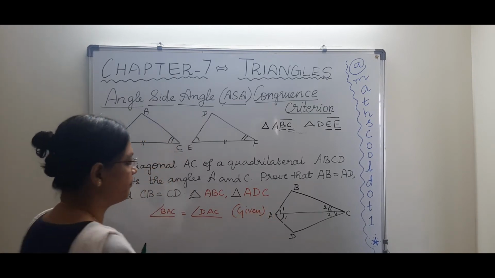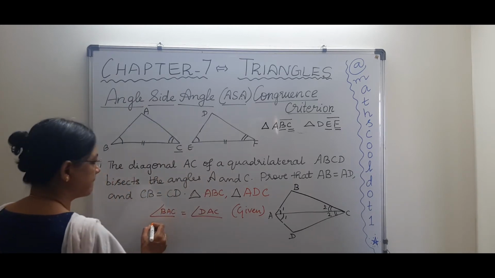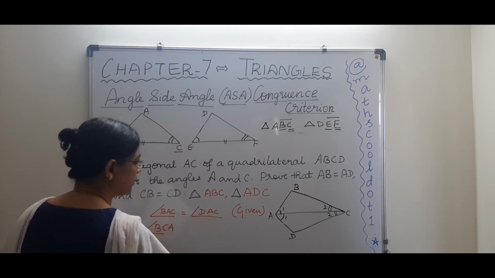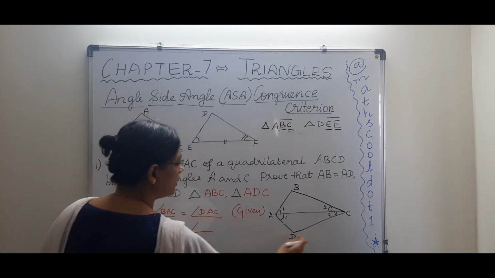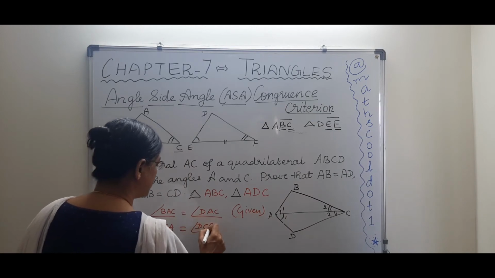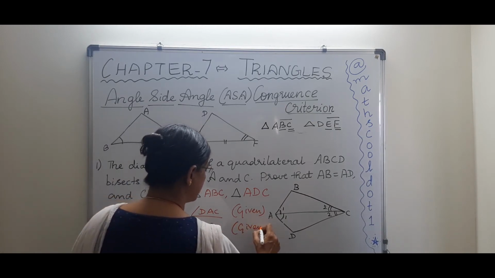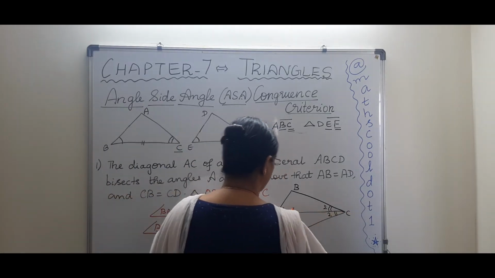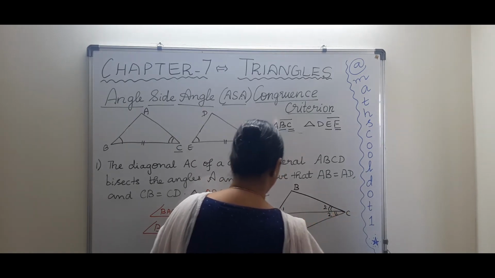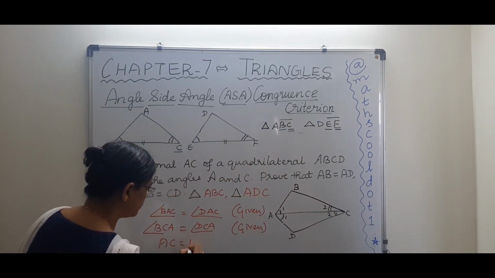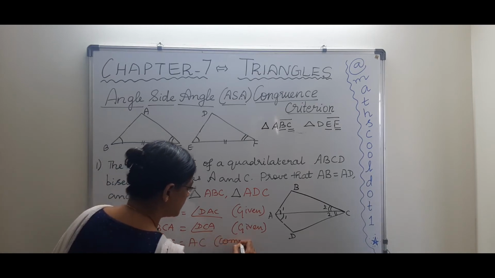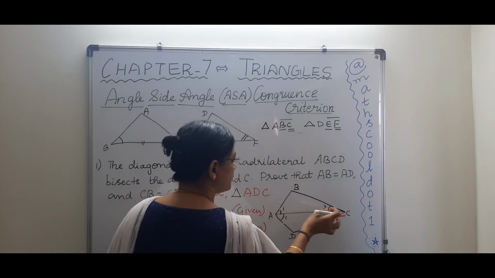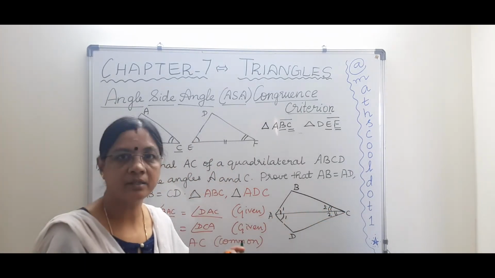Next, angle BCA is equal to angle DCA. So name it in a proper way. This is also given because it is the bisected angle. Now consider the side between these two angles. The side AC is equal to AC again, because it is a common side for both the triangles. AC, which is enclosed between these two angles for those two triangles, is common.